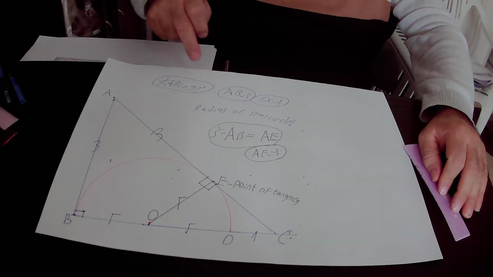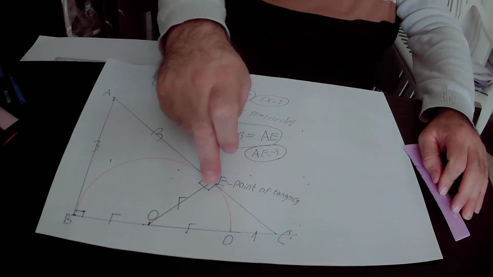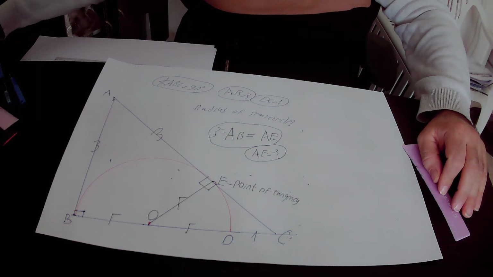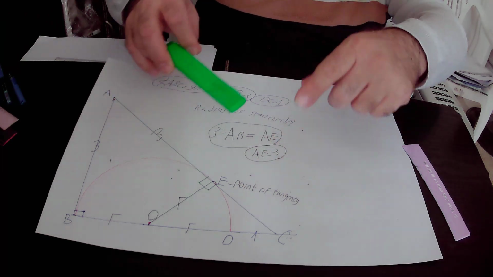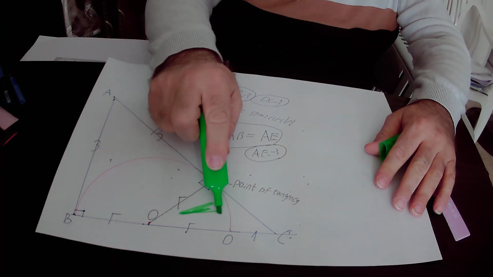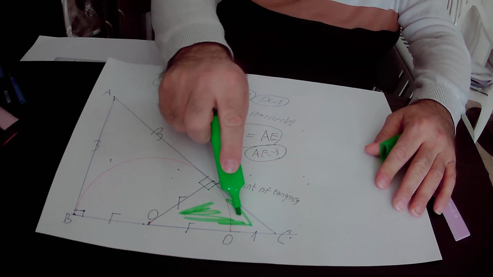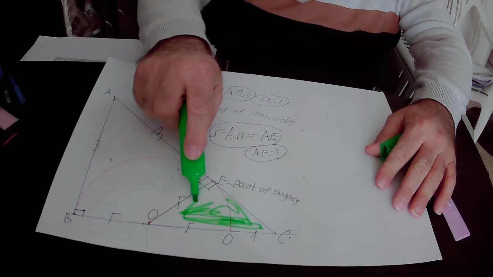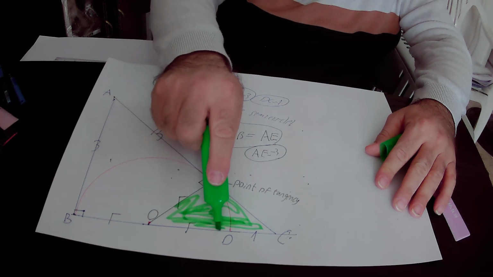So actually, because this angle OEC is a right angle, it equals 90 degrees, therefore triangle OEC is a right triangle. Okay? This green triangle OEC is a right triangle because it has one angle that equals 90 degrees.